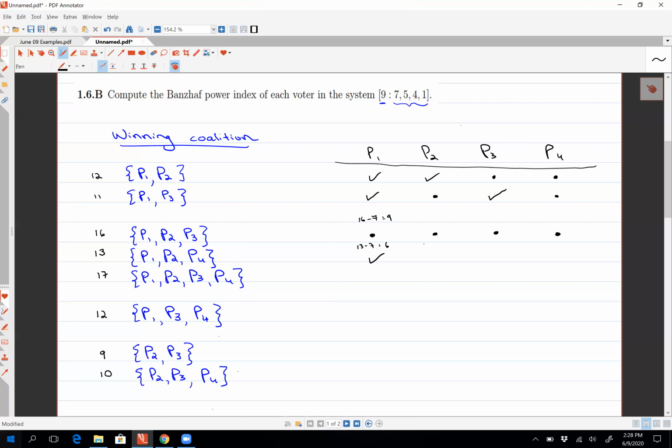If I have 13 and I remove 5, I have 8. That's below the quota, so P2 is critical. P3 is not relevant, and P4 has 1 vote. If I have 13, I remove 1, I still have 12, so P4 is not critical here.